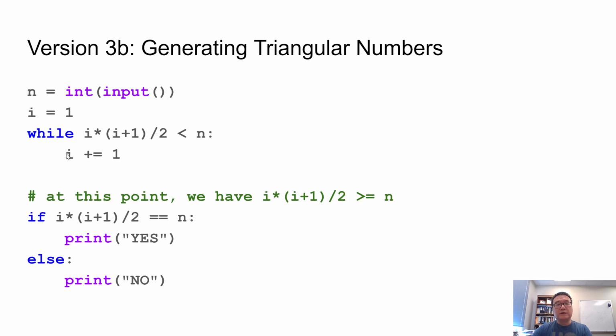We keep incrementing i by 1 while we compute this. Once we exit the loop, the while condition must not be satisfied, because if it were true, we'd still be in the loop. So the number must be either greater than or equal to n. Then we print different things based on which case it is. If it's equal to n, we print yes. Otherwise, we print no.